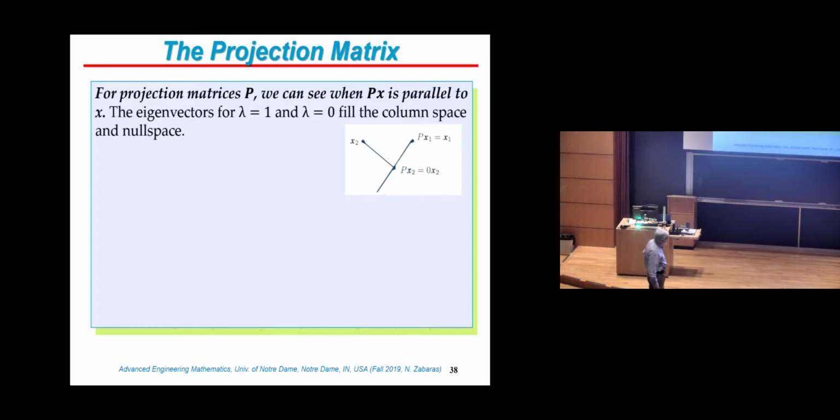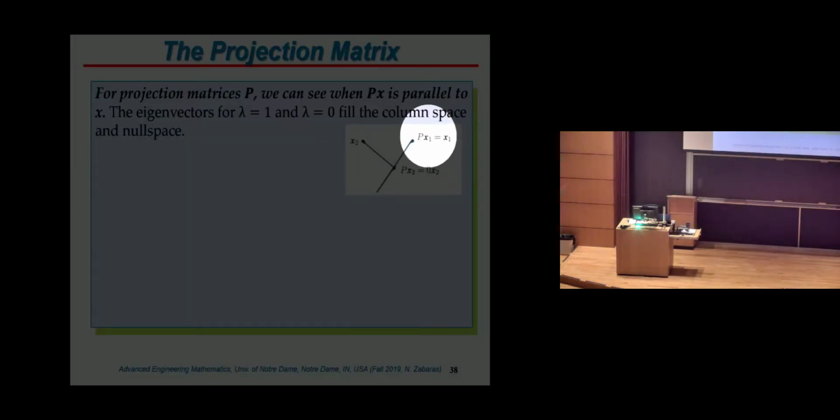So let's say we're projecting on this plane here. If a vector is already on the plane, what will the operation P do on any vector on that plane? It will keep that vector as is. So P times x1 will be equal to x1.